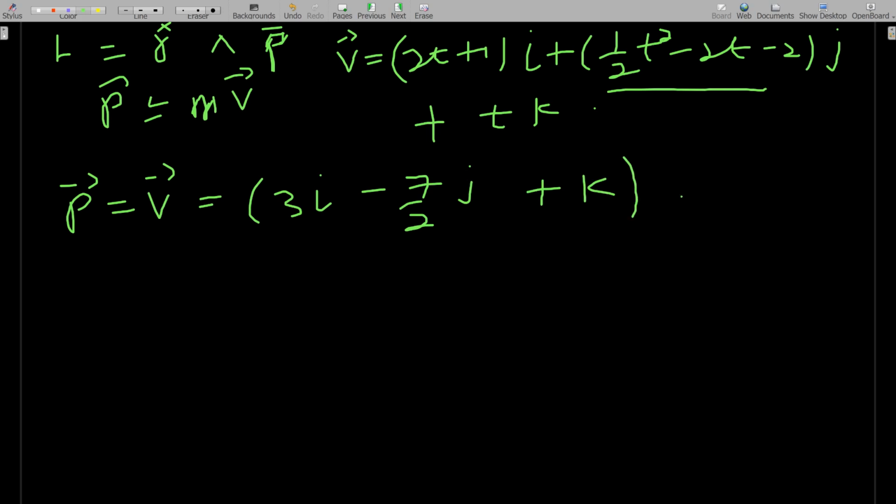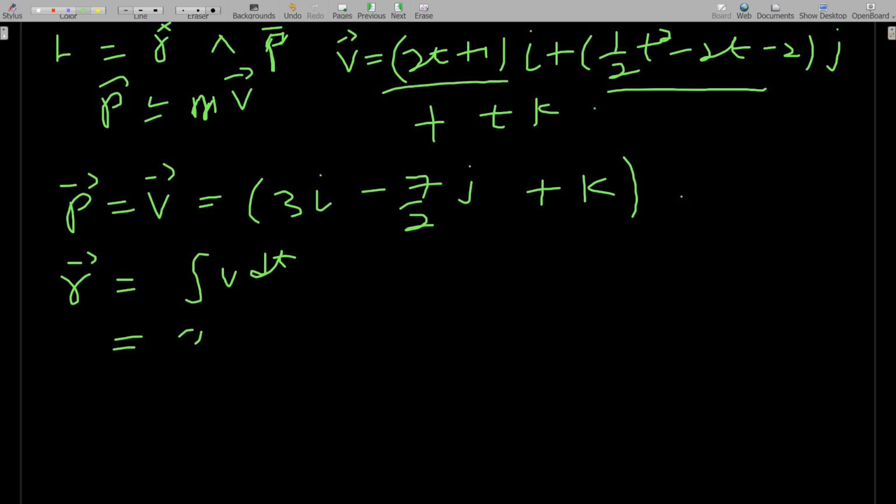Now to find your R, like I said, dR/dt is equal to V. So if I want R, then R will be equal to the integral of velocity. So R is equal to the integral of V dt. Integrating V, wherever I see the components, I just take them and integrate them.